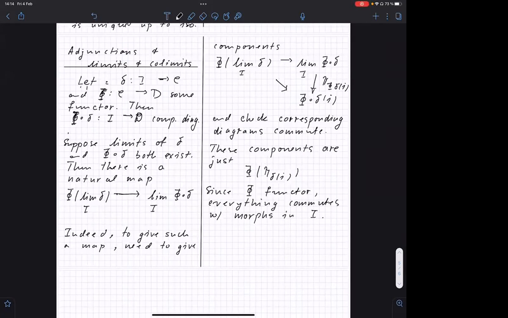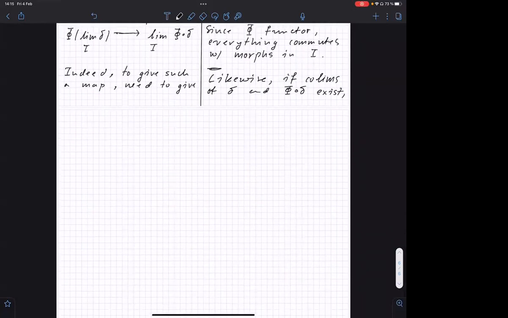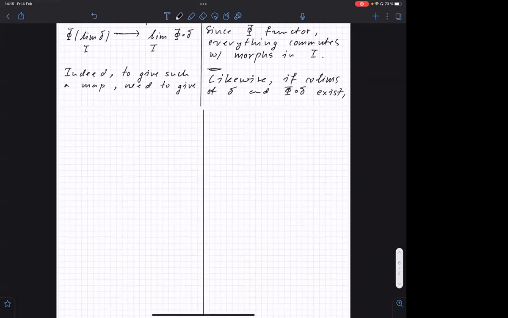And I could do something similar with colimits. So likewise, if the colimits of delta and phi delta exist, then in basically the same way, but using the kind of co-components, there's a natural map.